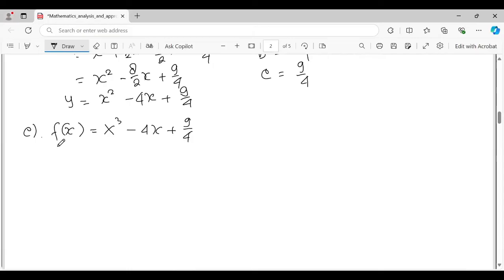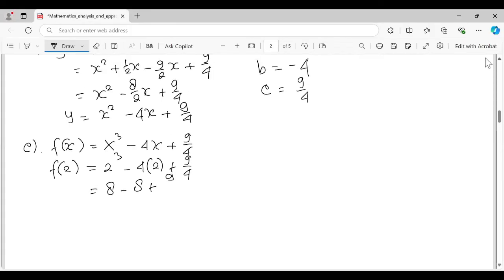So if x equals 2, it means 2 squared minus 4 times 2 plus 9 over 4. If you calculate, it becomes 4 minus 8, okay, plus 9... wait, I have to check this one.